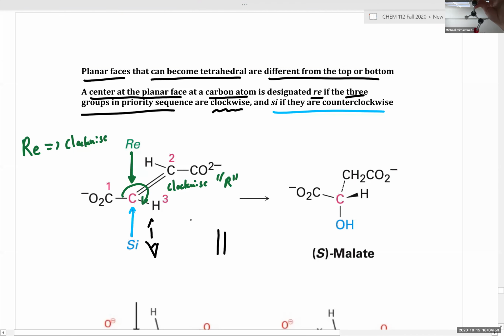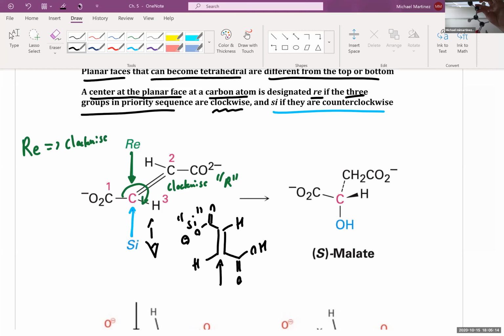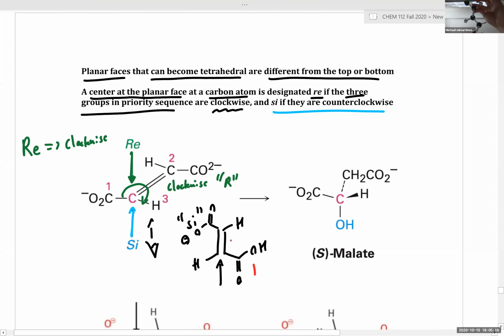If we're viewing our approach from the psi face, when we think about our substituents and we order them from highest to lowest priority, we see we're going counterclockwise. So it's almost like a quote unquote S designation.